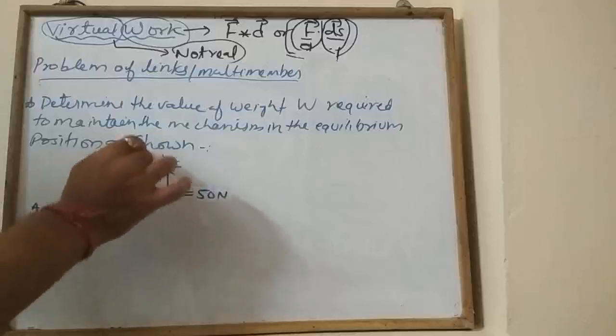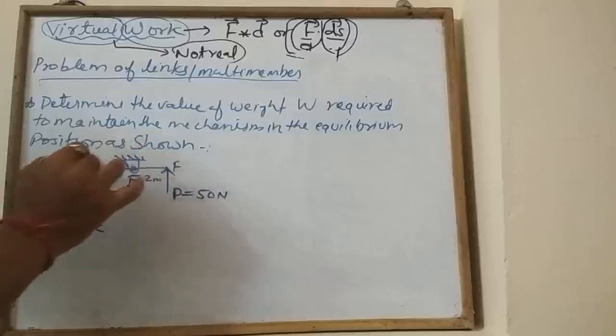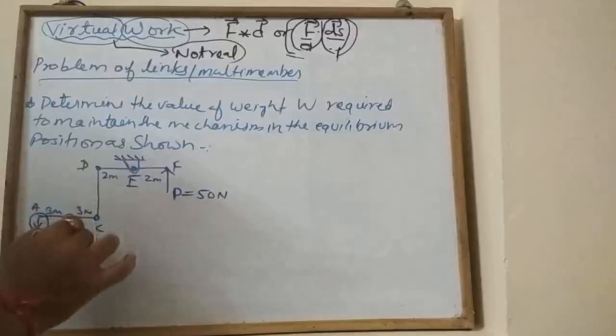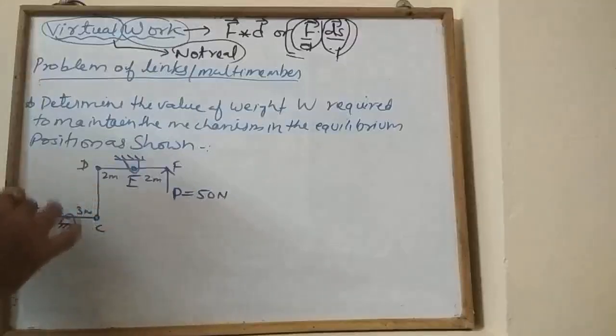So if F has a tendency to move up, then D will have the tendency to move down, and C will have the tendency to move down, and hence A will have the tendency to move up.